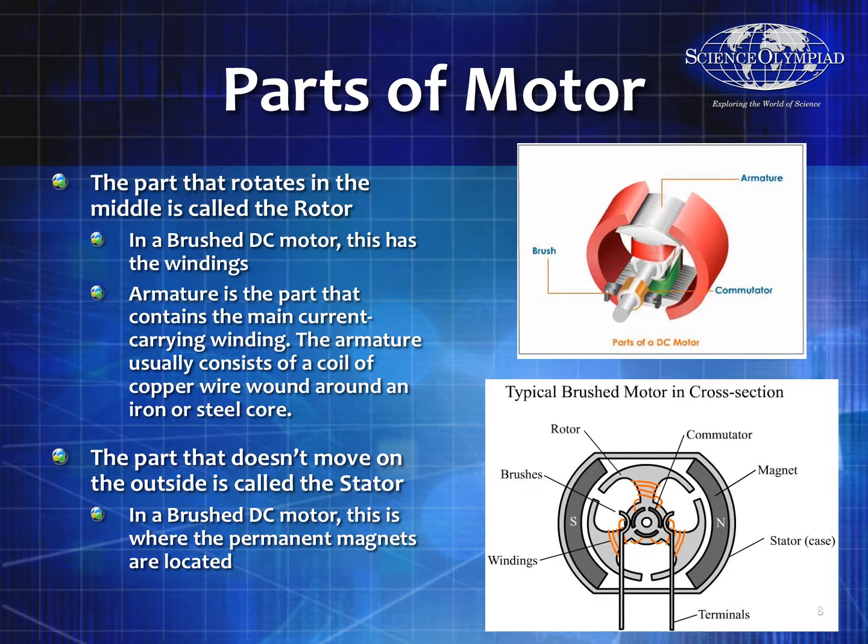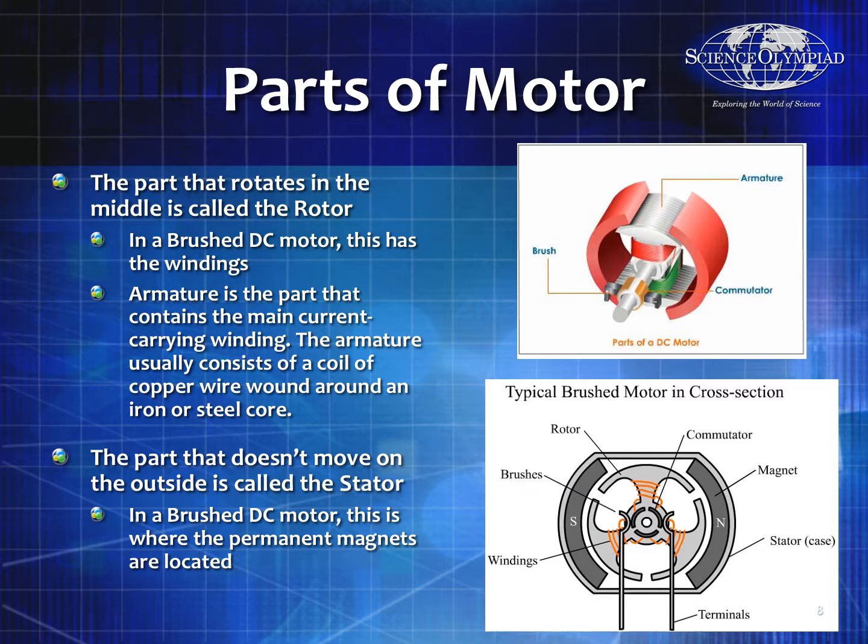The part that doesn't move on the outside is called the stator. It's stationary. Looking at the two diagrams to the right, you can see the commutator, which attaches to the brush to allow the current to flow, and the brush is hooked up to wires that would then be hooked up to the battery.